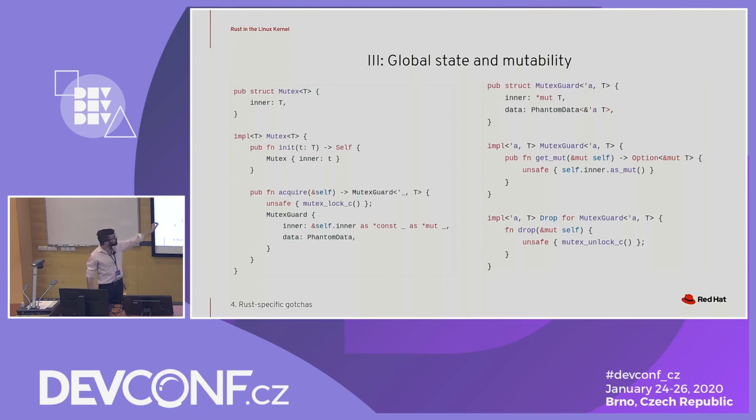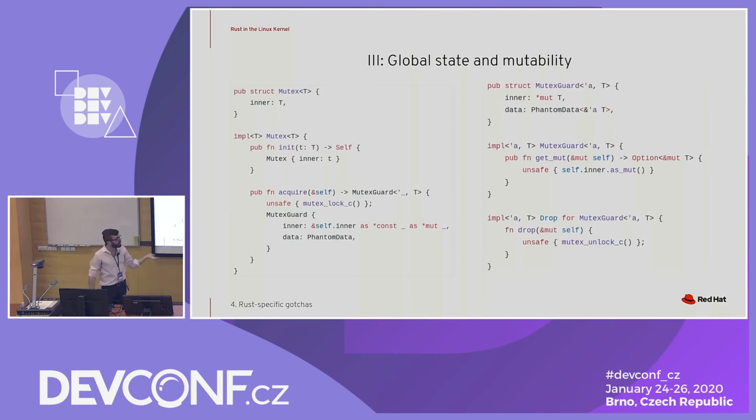This mutex guard has a lifetime. That means as long as it is in scope, it will keep that lock acquired. We can get a mutable reference from that mutex guard, and then once it goes out of scope, that's what drop is for, it will unlock the mutex.